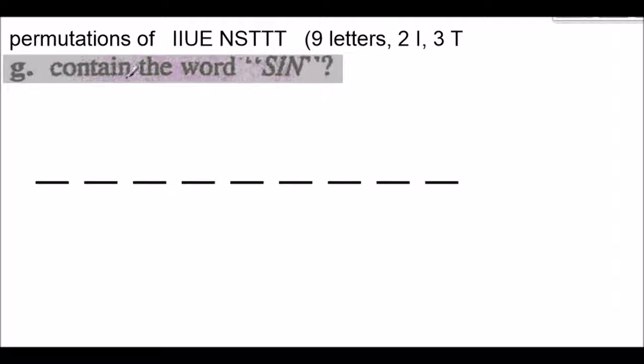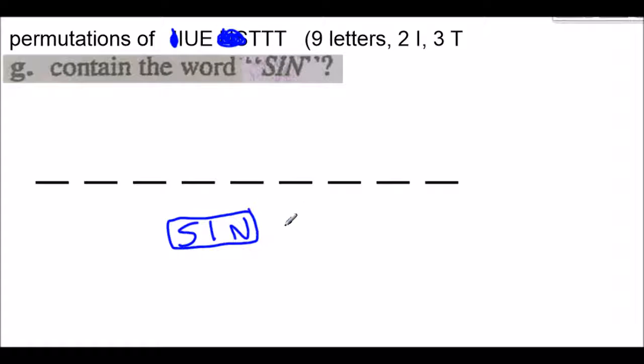And then finally, we want to contain the word SIN. So I'm going to take these letters and create a new word called SIN. So here's S-I-N, and I'm going to take that and lock it and treat it like a letter. And so up here, let me just cross those out so I know what else I have.